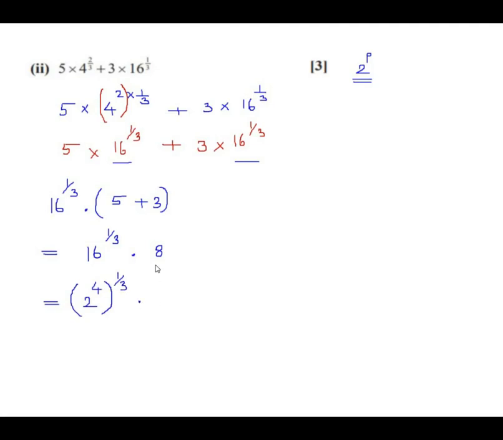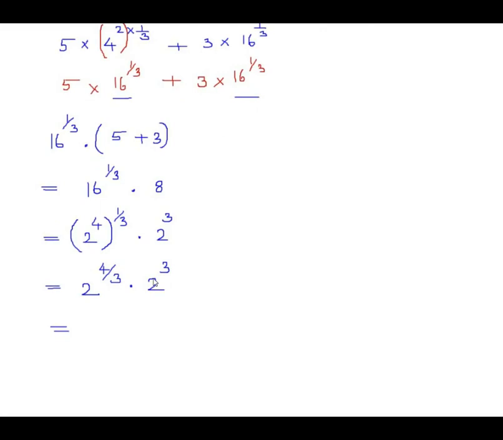And I also know that 8 is a power of 2. That is 2 cubed gives us 8. So here what we get is the powers get multiplied, and we can simply write it as 2 to the power of 4 over 3 times 2 to the power of 3.